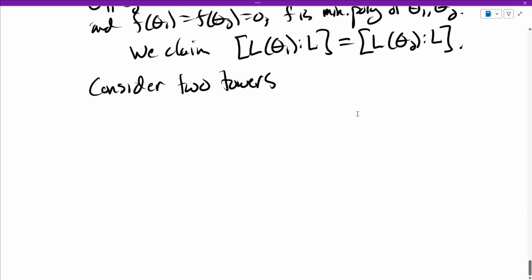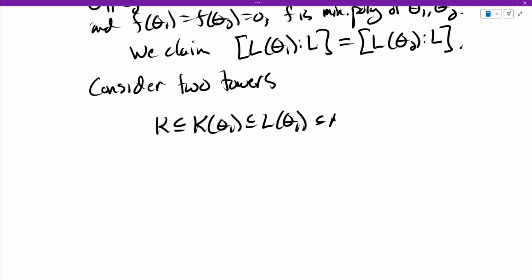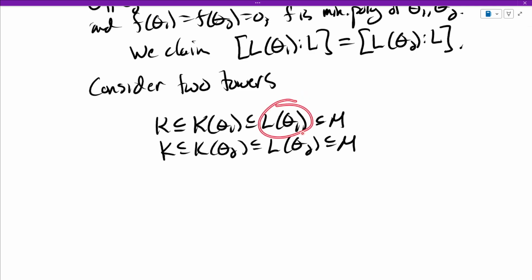The two towers we're going to look at are K inside of K(theta 1) inside of L(theta 1) inside of M, and K inside of K(theta 2) inside of L(theta 2) inside of M. Now, of course, if theta 1 is in L, this is just L, but for the general claim, we don't know if this particular root is there. And similarly for theta 2. Okay, so we have our two towers.